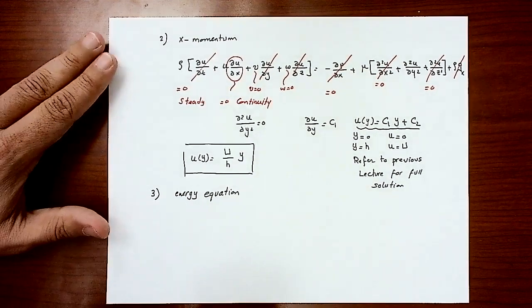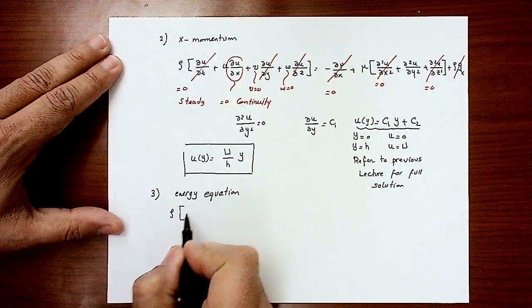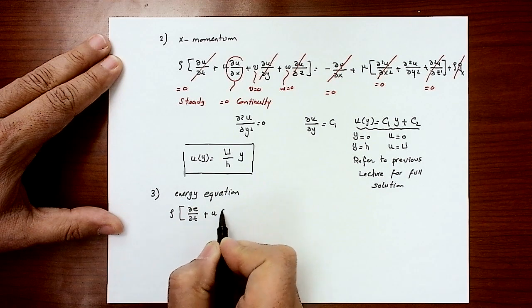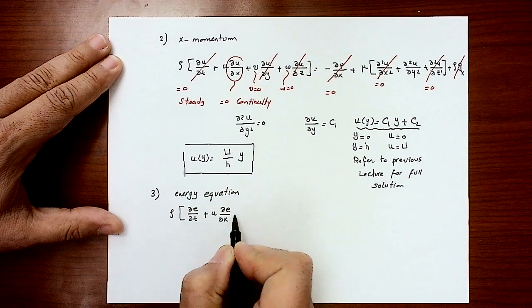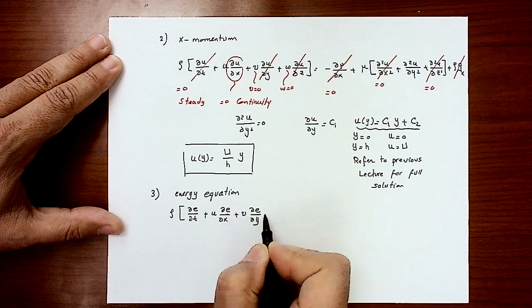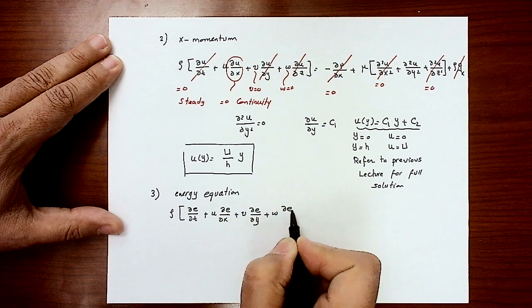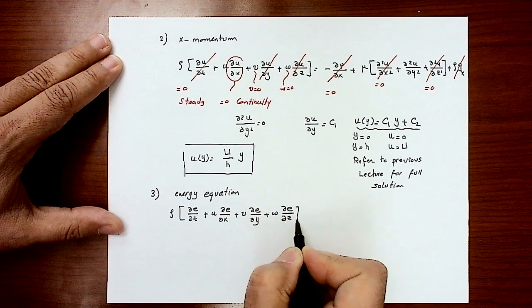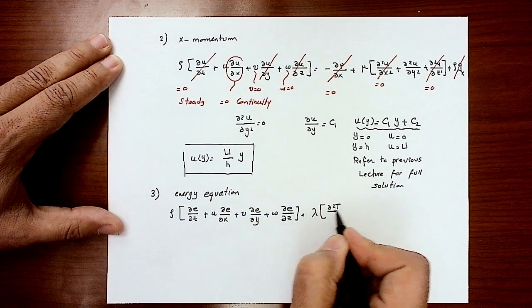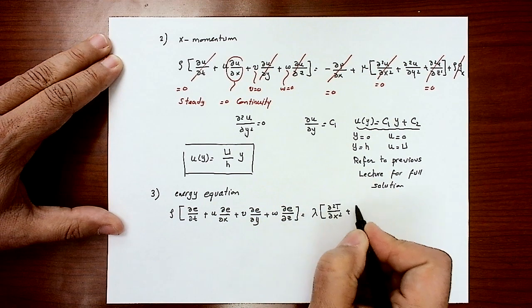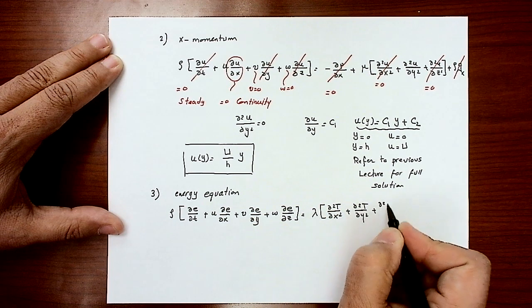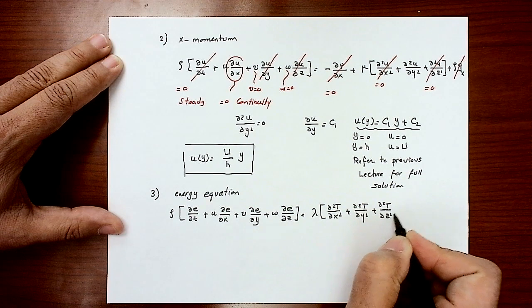So let's list the energy equation here. It's rho partial E by partial t plus u partial E by partial x plus v partial E by partial y plus w partial E by partial z. That should equal lambda times partial squared T by partial x squared plus partial squared T by partial y squared plus partial squared T by partial z squared.